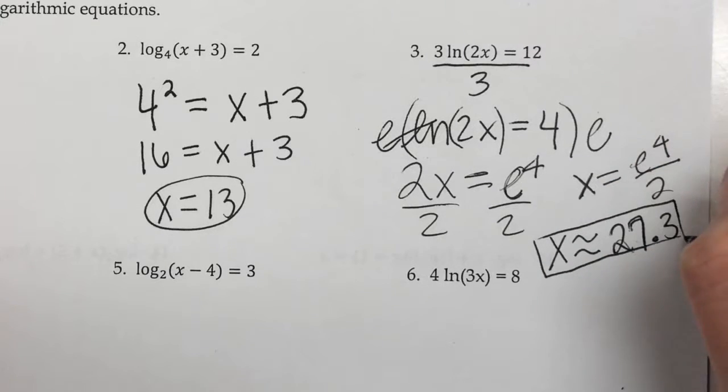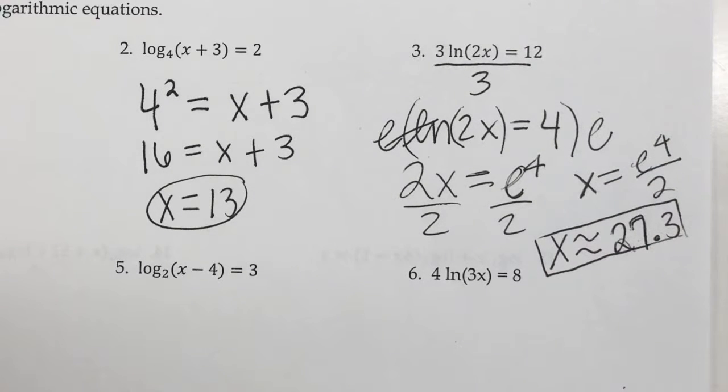If you couldn't get this in your calculator, let me know. Let's get the number first. So hit 4, the second e, and then divide by 2. There you go. Anybody else need calculator help?